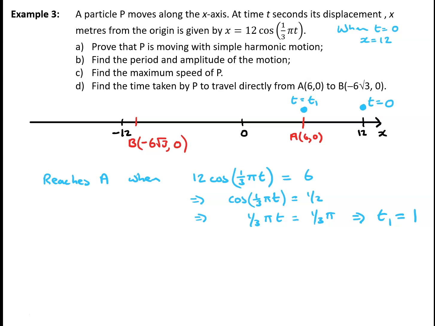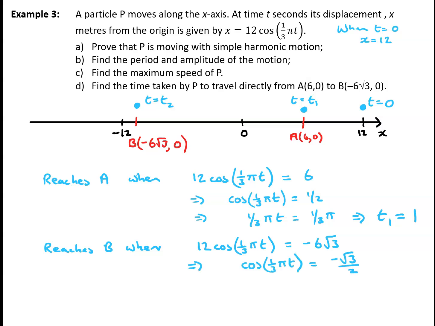The particle is going to reach B when 12 cos a third pi t is equal to minus 6 root 3. In other words, when cos of a third pi t is minus root 3 upon 2. And that is when a third pi t is 5/6 pi.